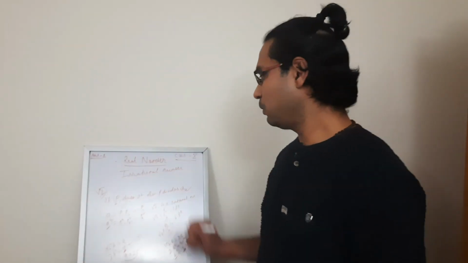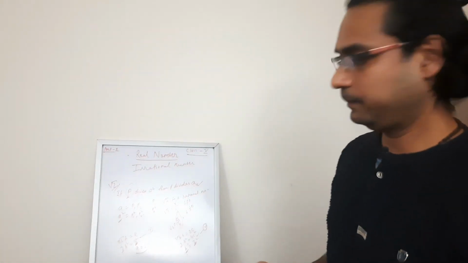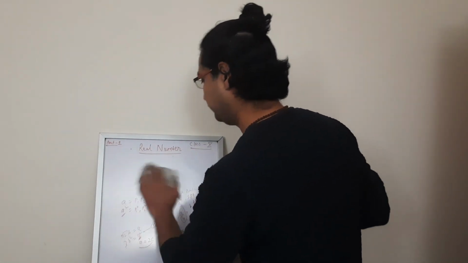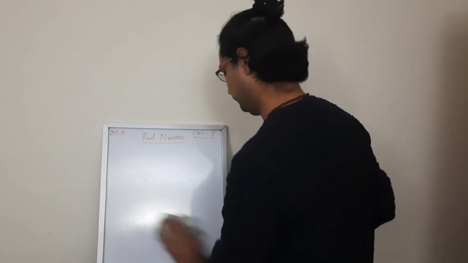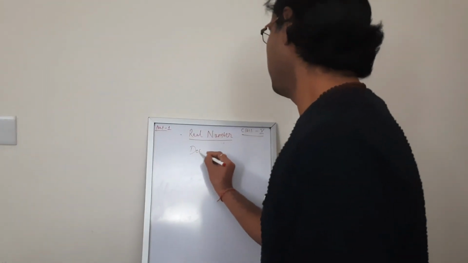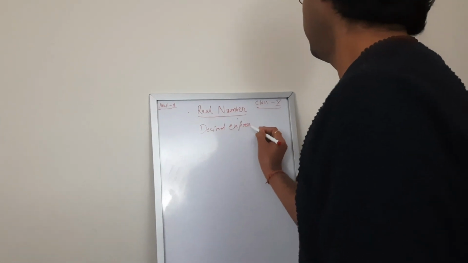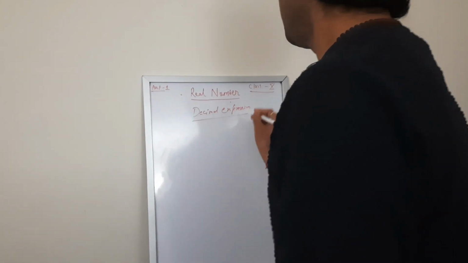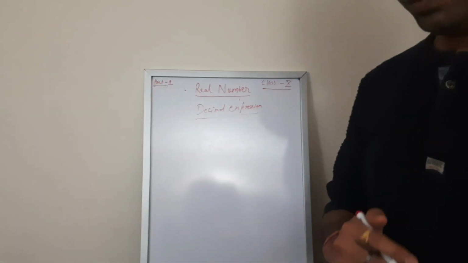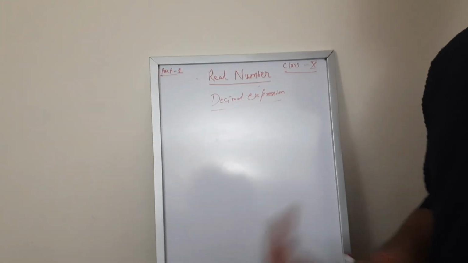Okay, now next we will discuss the decimal expression. Let me erase this. Okay, so next will be decimal expression. In decimal expression, what we will learn is when a decimal value will terminate and when it will not terminate.